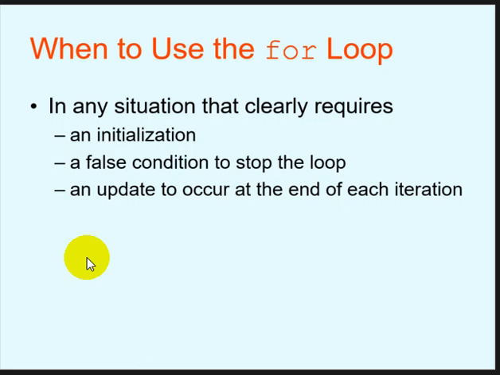So as I told you, the for loop is used when you are exactly clear about the initialization, starting point, ending point, false condition, when to stop, and how much the step size is, how much of an update you want to do at each iteration.